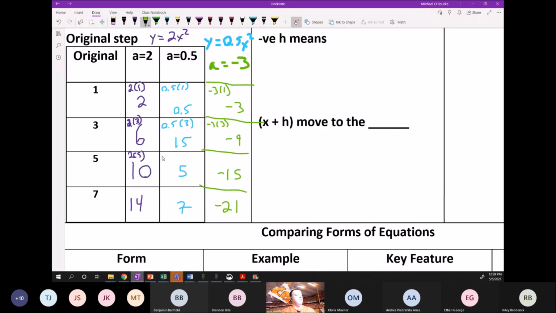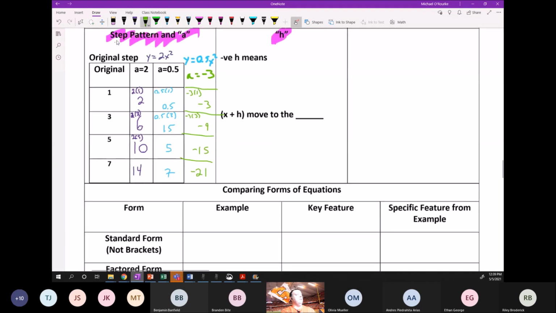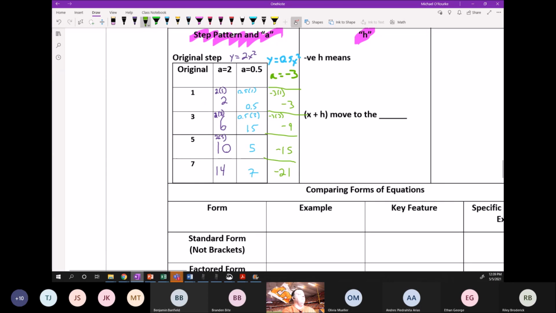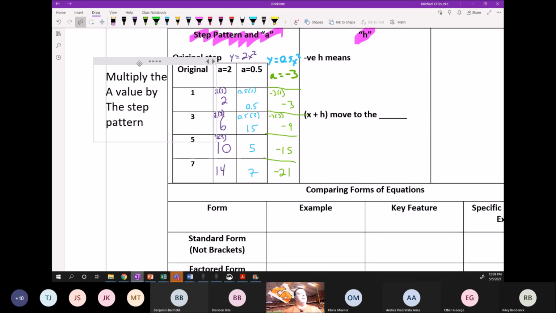Okay, so if we take a look here, everyone should have this written down into your step pattern. You can include the -3 in there as well. I want you to have that written down, and maybe a little note off to the side that says, multiply the A value by the step pattern.